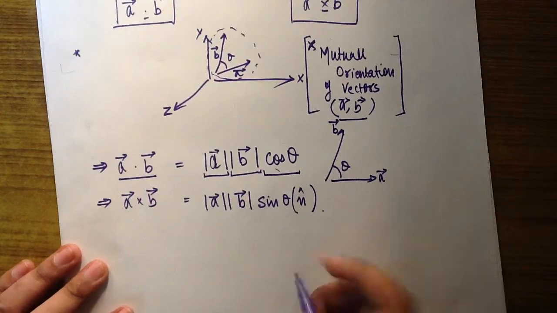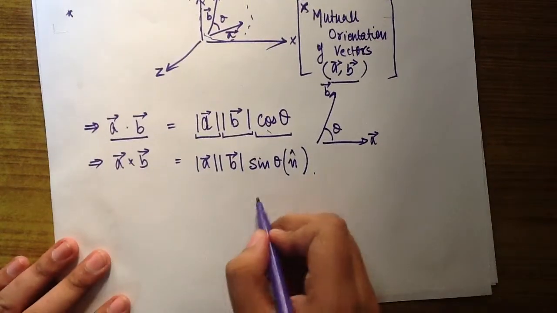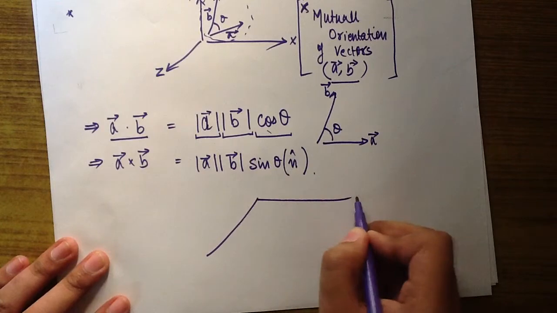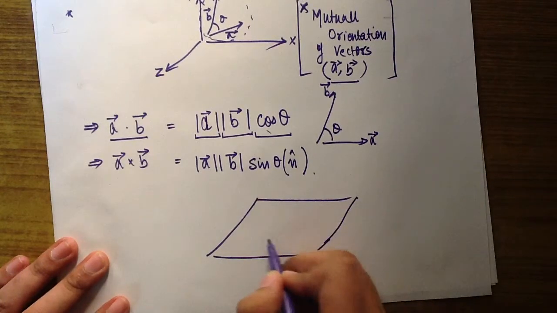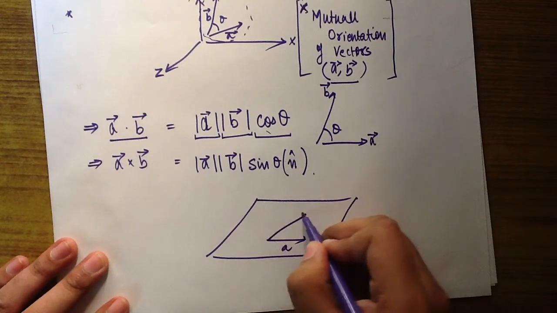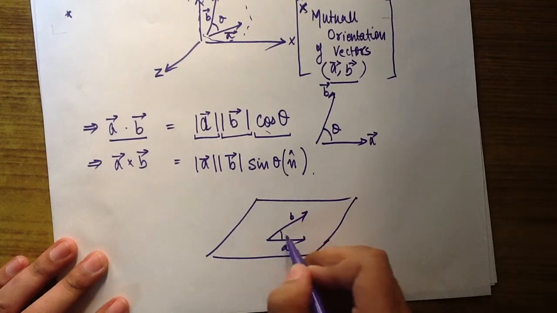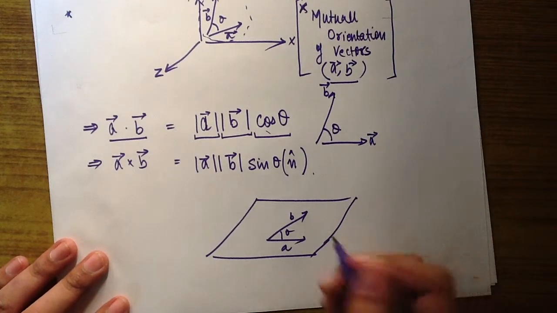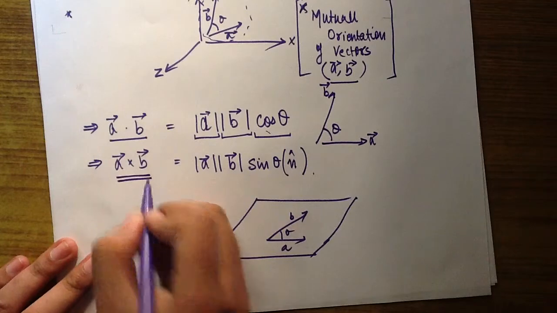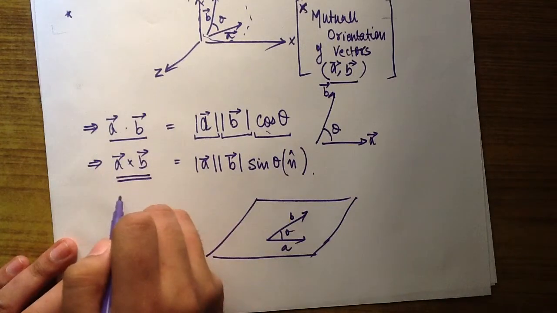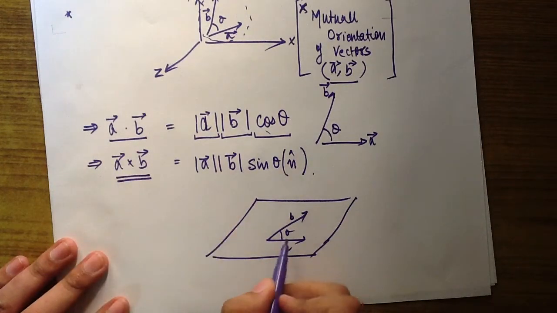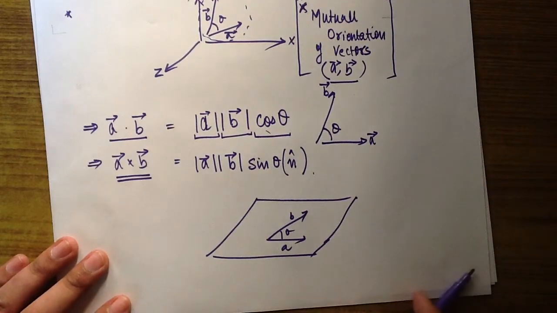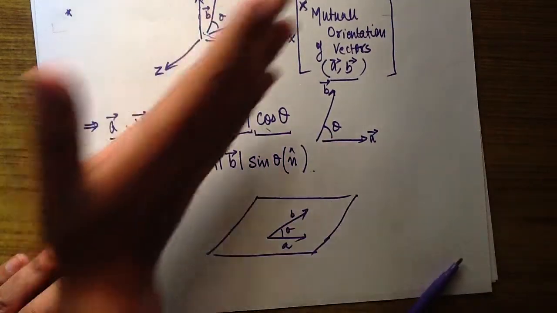Now, for example, if we have a plane to ourselves where A lies here and B lies here, and the angle between them is theta. Now, if someone asks me to find which direction A cross B would point, I give the answer by using this rule.